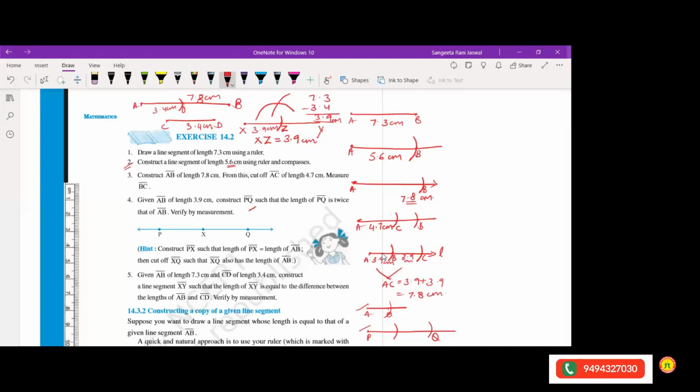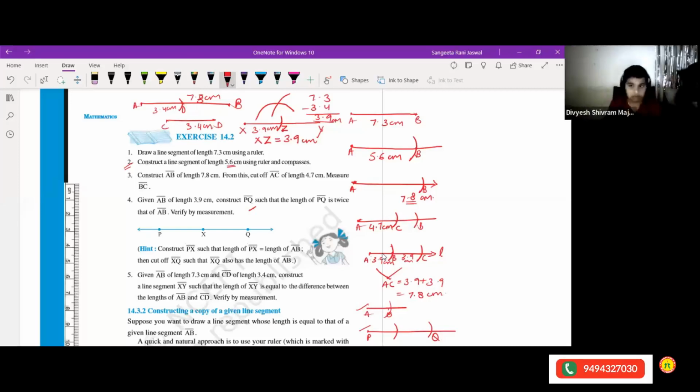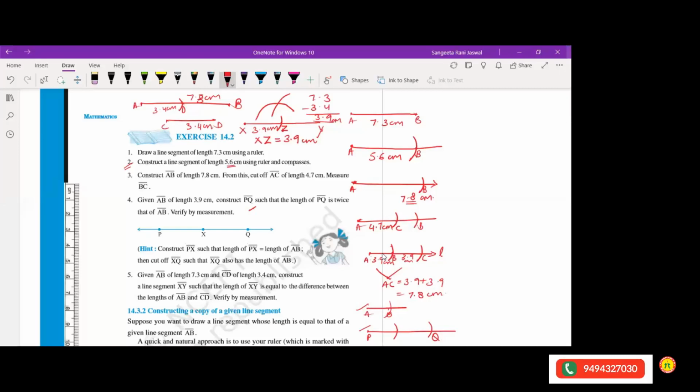So without directly subtracting, just with compass and scale, you have made the difference of the two line segments, is it? I hope you all have understood this. Yes, ma'am. Okay.